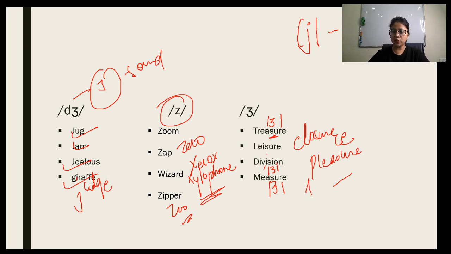Yes, Pachu, you are absolutely right. Suggestion is right. Okay. Laser. So laser would be here.